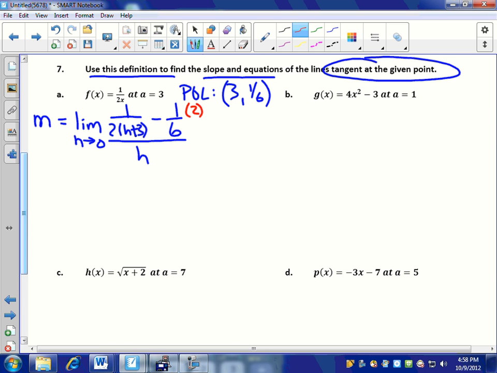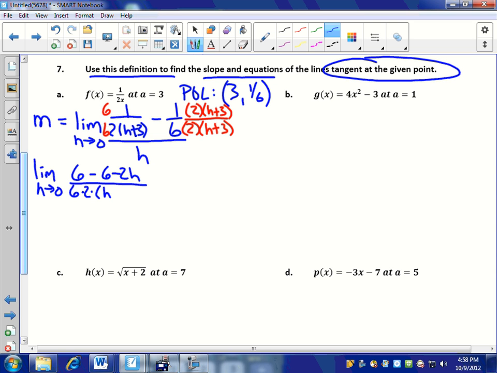Multiply top and bottom by 2 times h plus 3, and top and bottom by 6. You get the limit as h goes to 0 of, on top, 6 minus 6 minus 2h, all over, on the bottom, 6 times 2 times h plus 3, all over h over 1.